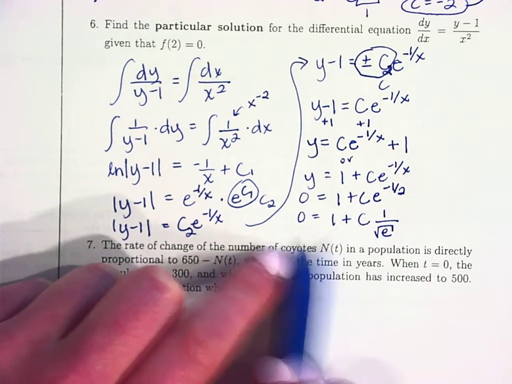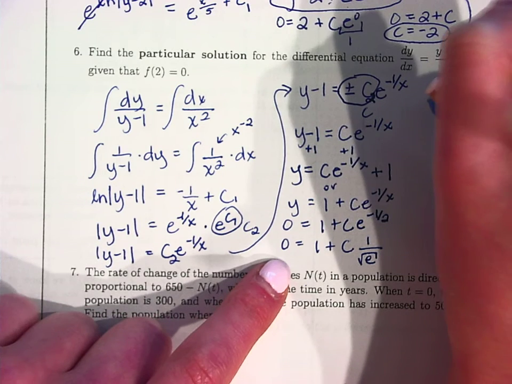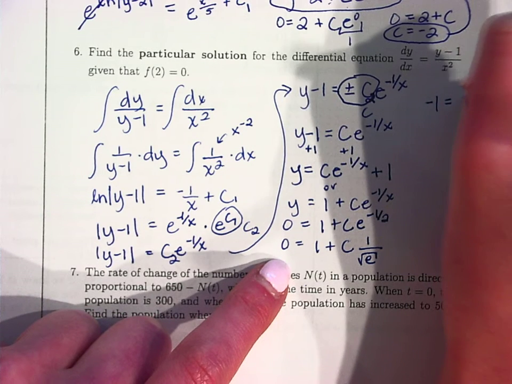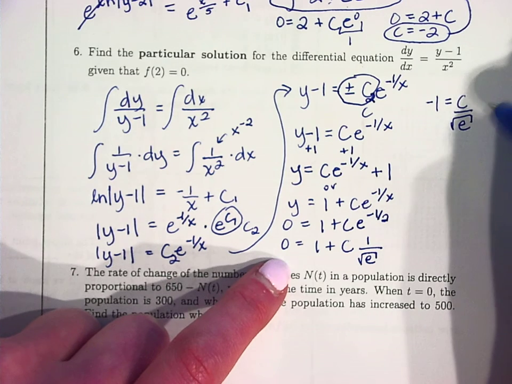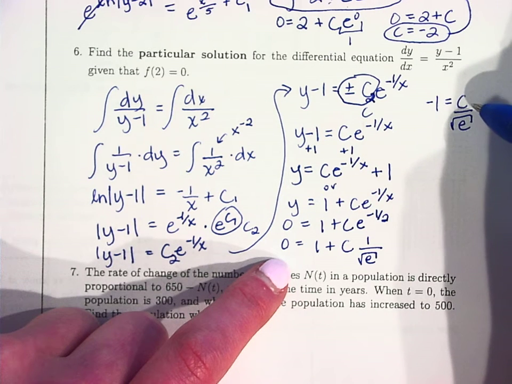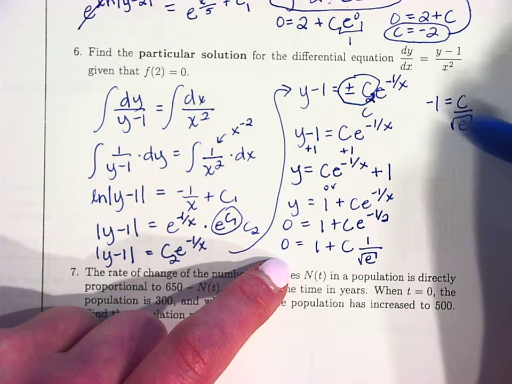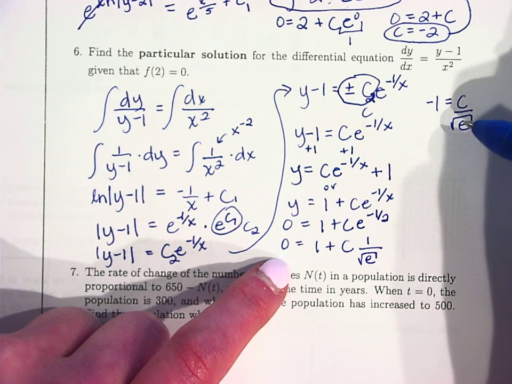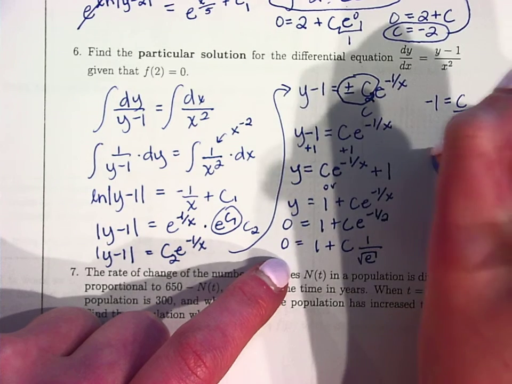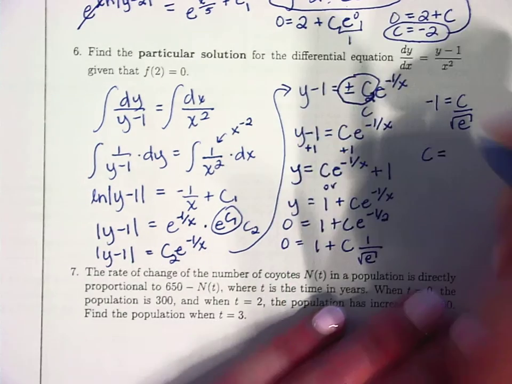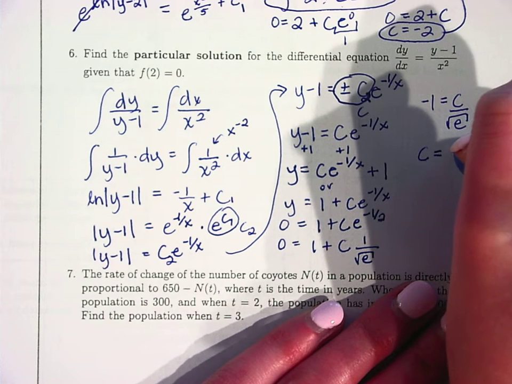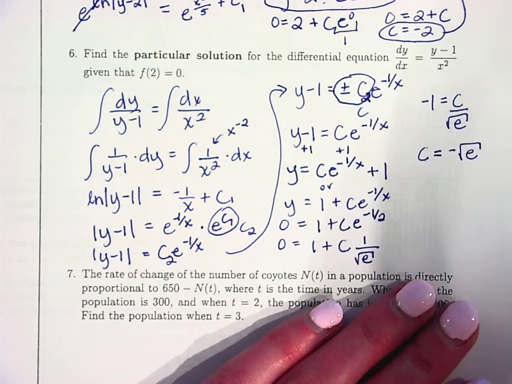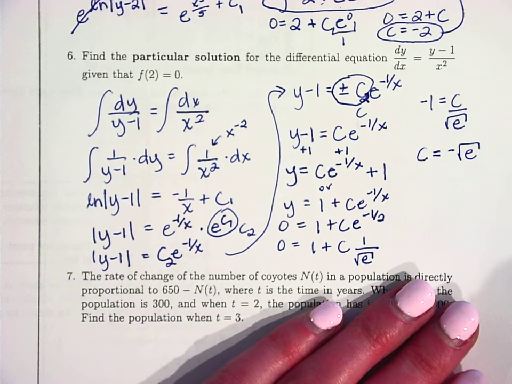So I can move 1 to the other side. So I have negative 1 equals c over the square root of e. We know that a number divided by itself is equal to 1, but I want c divided by the square root of e to equal negative 1, which means that c has to equal negative square root of e.